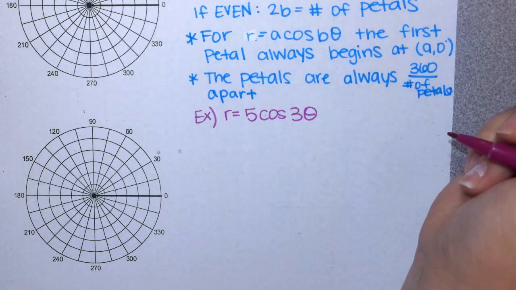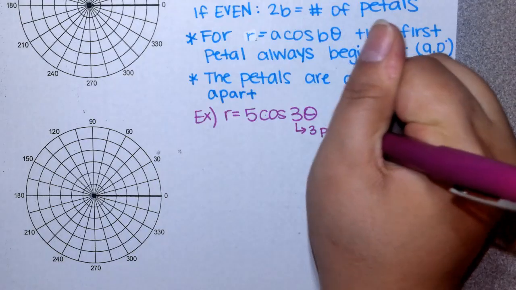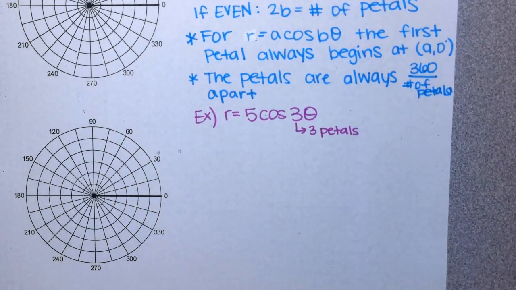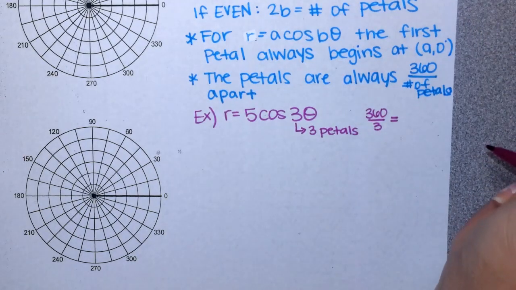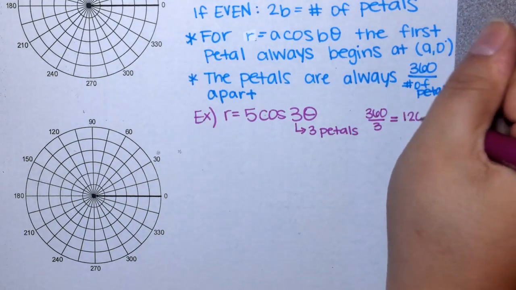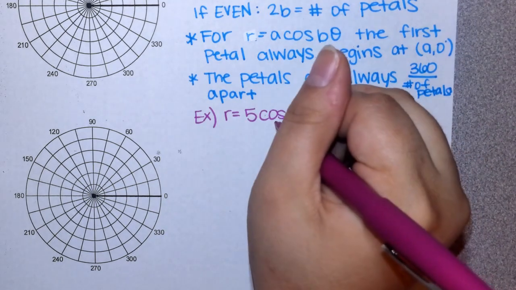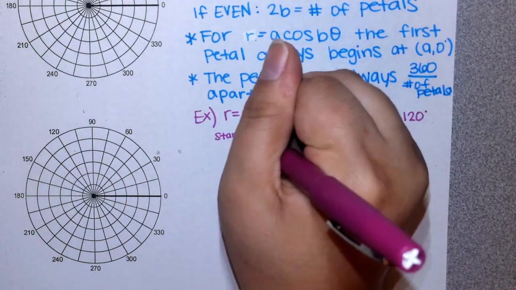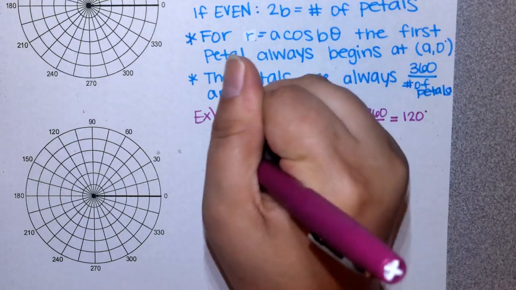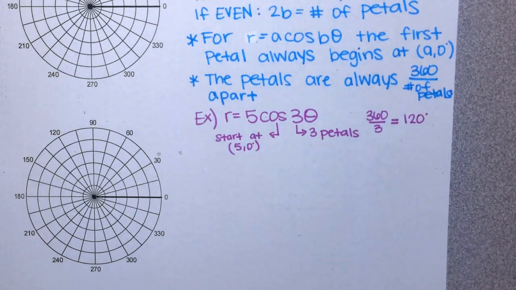There are 3 petals. So I'm going to do 360 divided by 3. How far apart are each petal? 120 degrees. What else do I know? It's going to start at 5, 0. Do y'all agree with everything I just did just by looking at this?